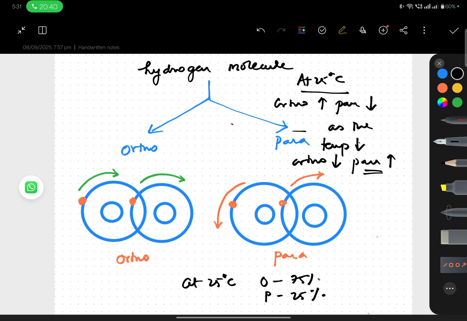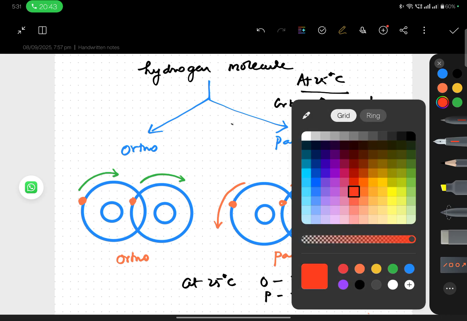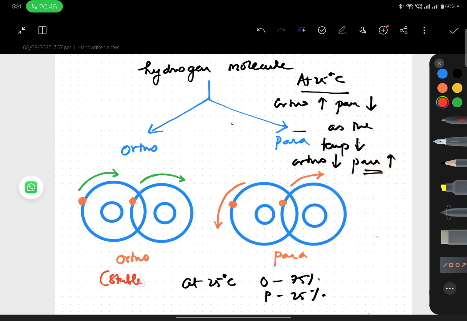So among the two forms, which is the most stable form? Ortho. Please make a note. Finished, Amma? Yes, sir.